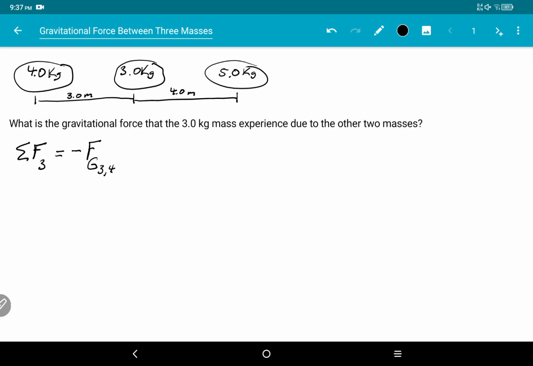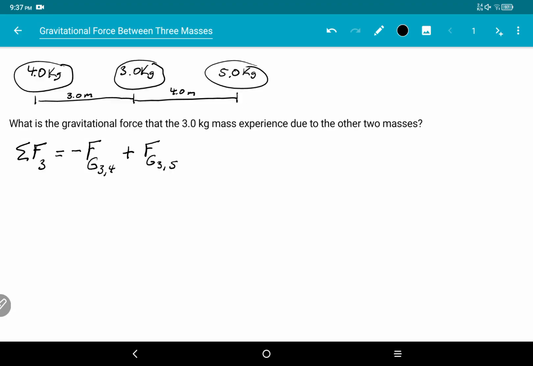Now, let's look at the 5 kilograms. What's going to happen if I unpin the 3 kilogram mass, and where will it drift? Well, it will drift to the right, a positive gravitational force, 3, 5.